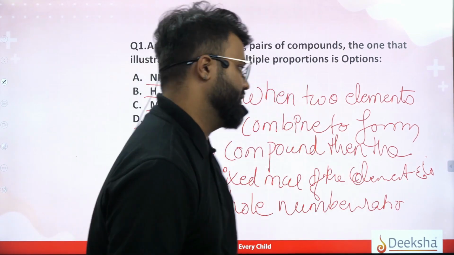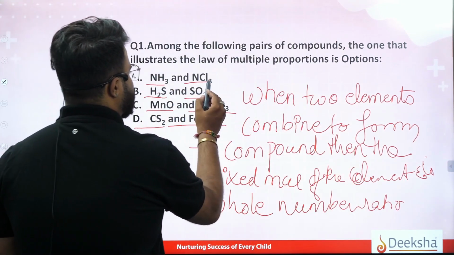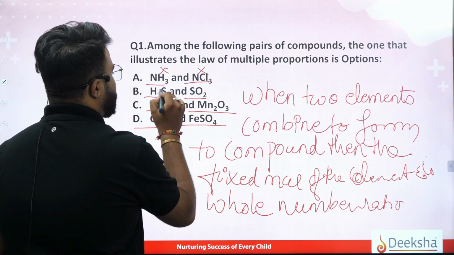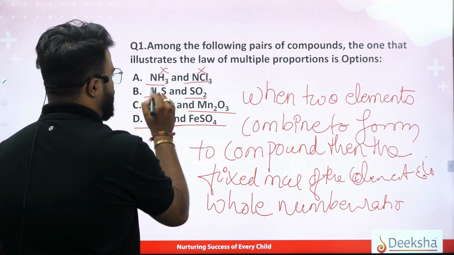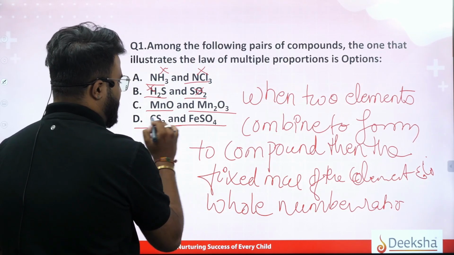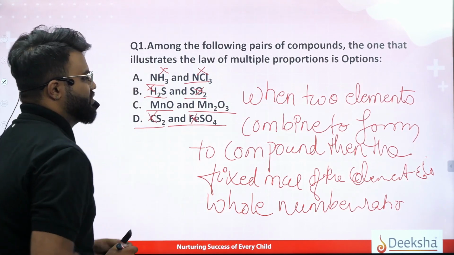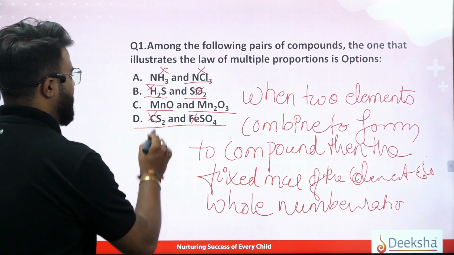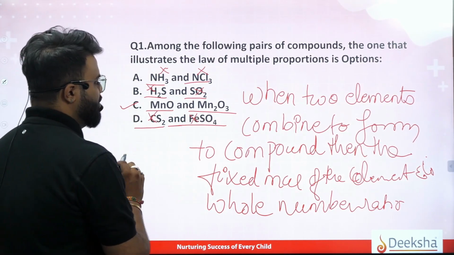Let us see here. Coming back to NH3 and Cl, both are not equal. Here it is S and O2, and it is H, not. Coming back to S2 and O, Fe and C, it is not. So the correct option is MnO2.